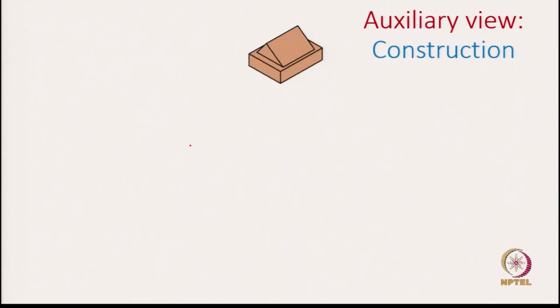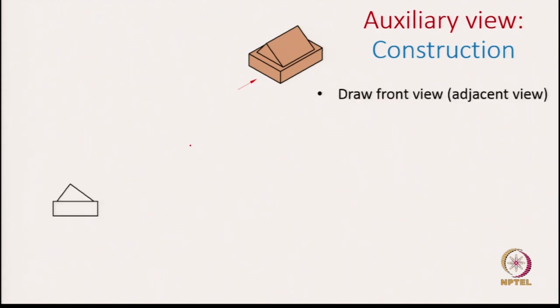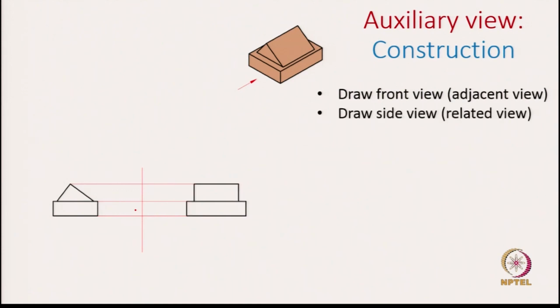Again the same example. This arrow shows the front view. First thing we do is draw the front view, which we now call the adjacent view, and then I use the reference line, about which we rotate the front view and the side view, and then draw the projectors from the front view to help us draw the side view.